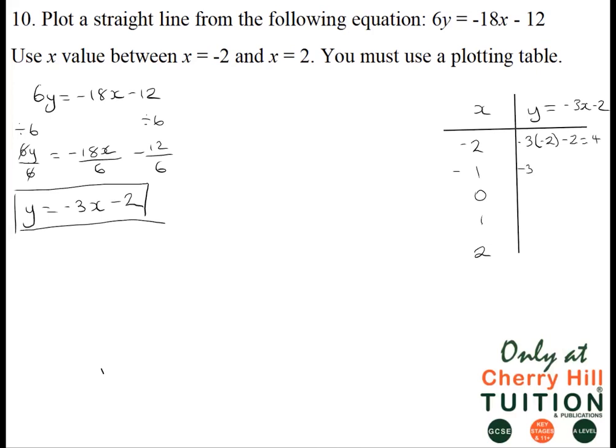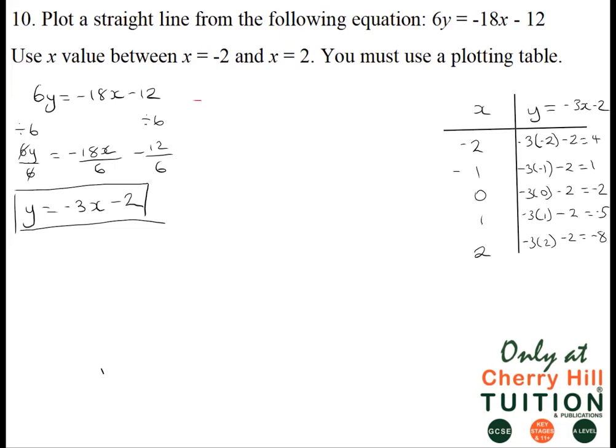Minus 3 multiplied by minus 1 is 3, minus 2 is 1. Minus 3 multiplied by 0 is 0, minus 2 is minus 2. Minus 3 multiplied by 1 minus 2 is minus 5. Minus 3 multiplied by 2 is minus 8.